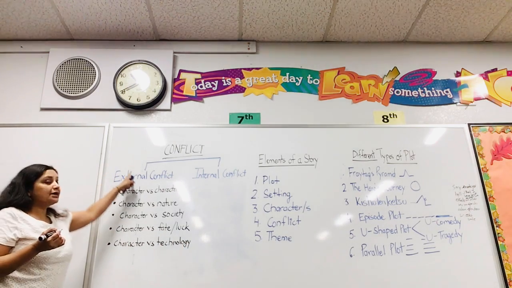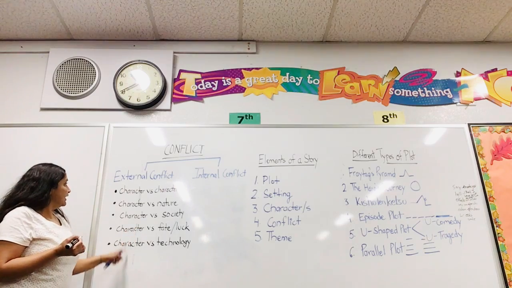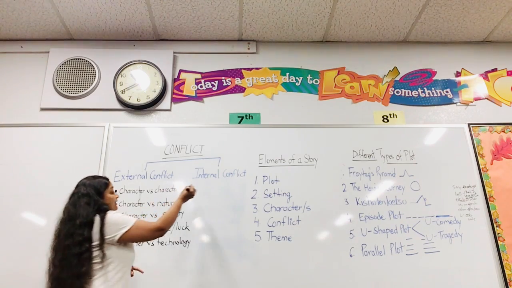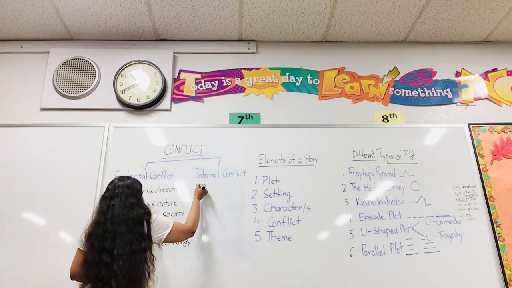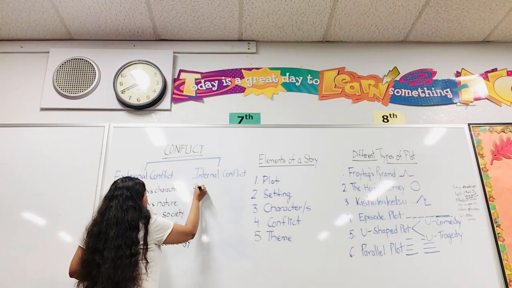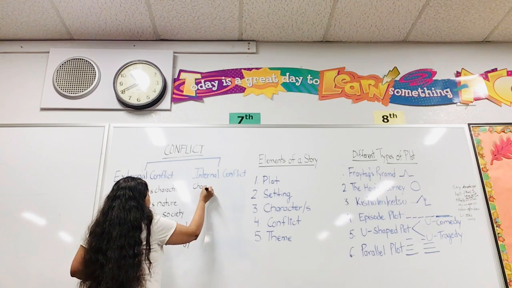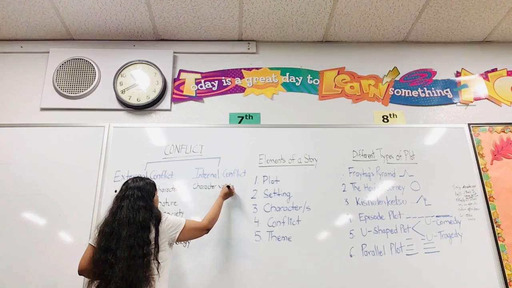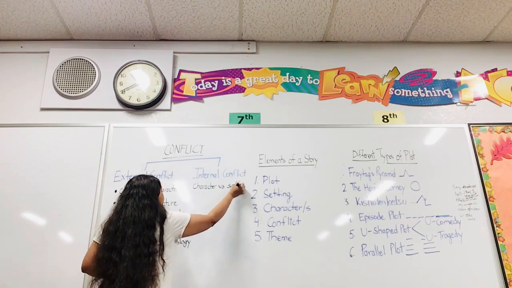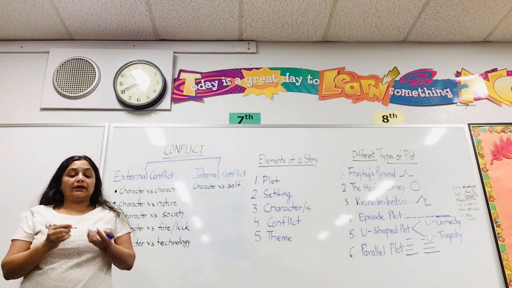So these are five kinds of external conflict, and when we talk about internal conflict, it's character versus self. It's only one kind.